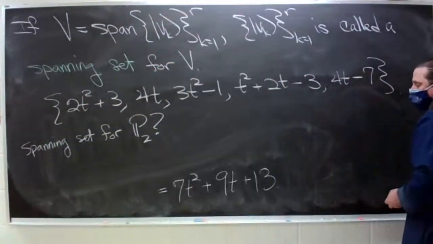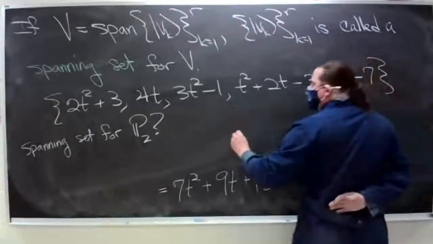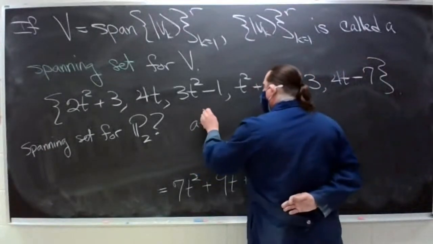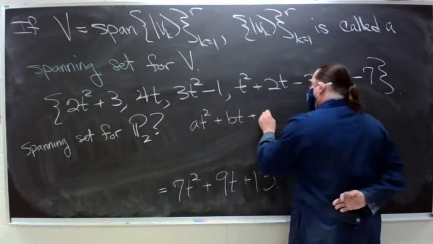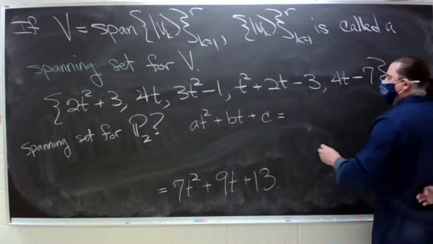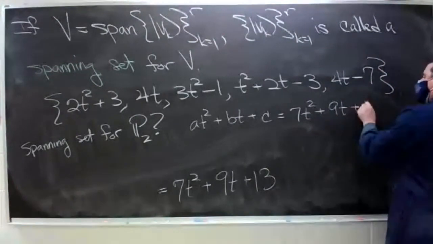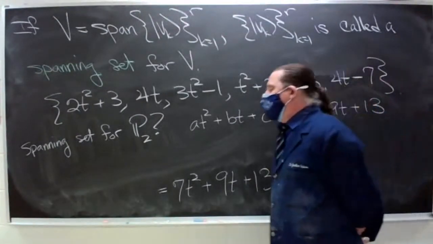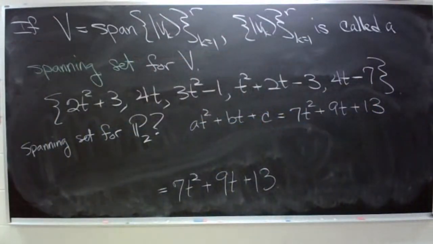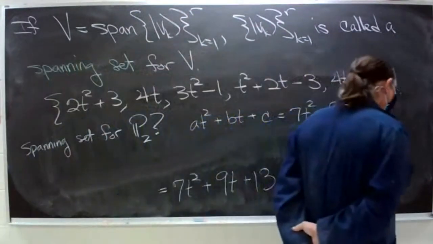Saying if this is equal to that, then A must equal 7, B must equal 9, C must equal 13. Why is that the case?